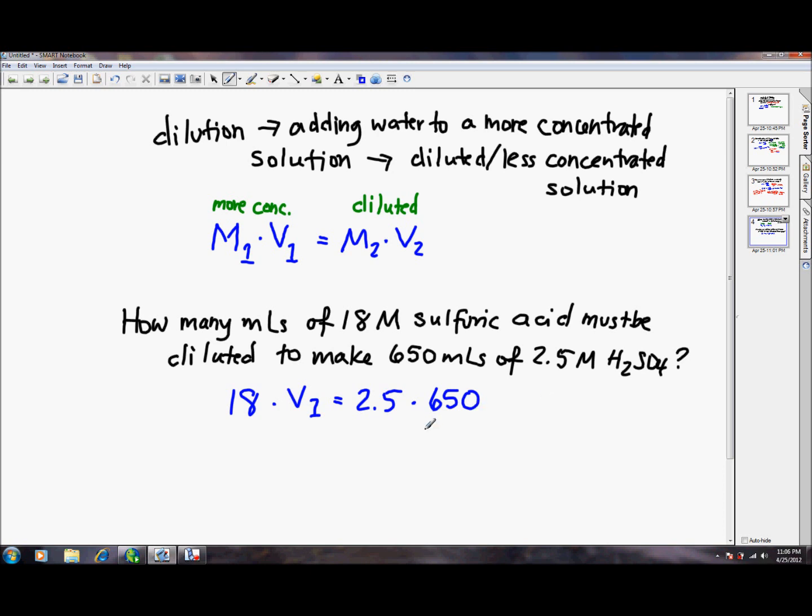Okay, so on this side I just simply have to multiply the two numbers together. So 2.5 times 650. So we've got 18 times V1 equals 1,625. Okay, so I'm going to divide both sides by 18.